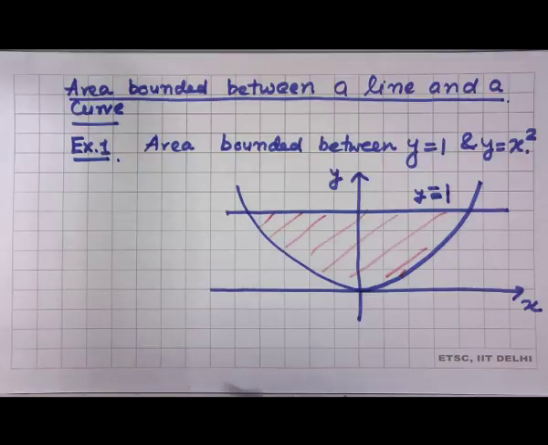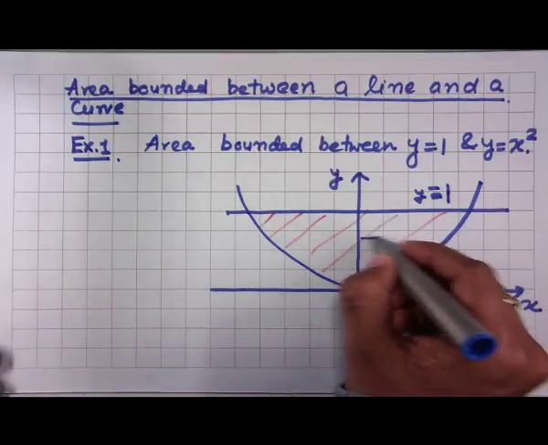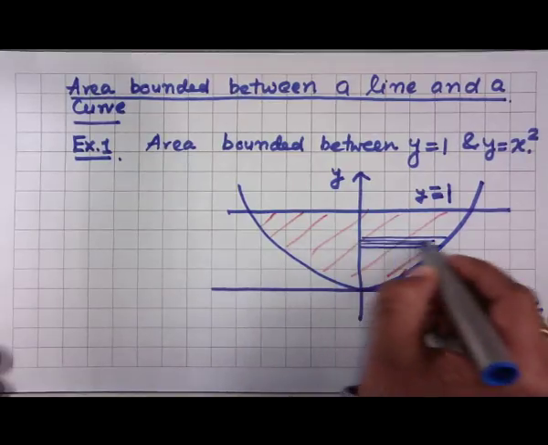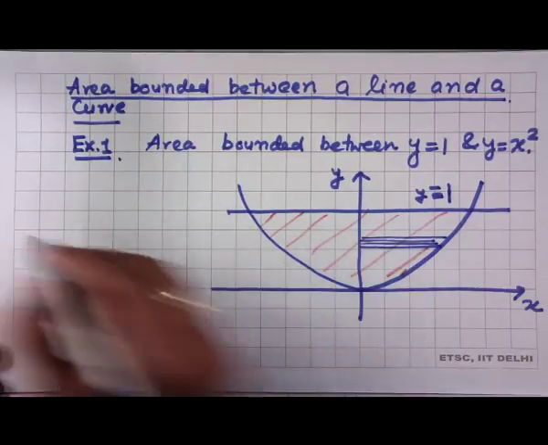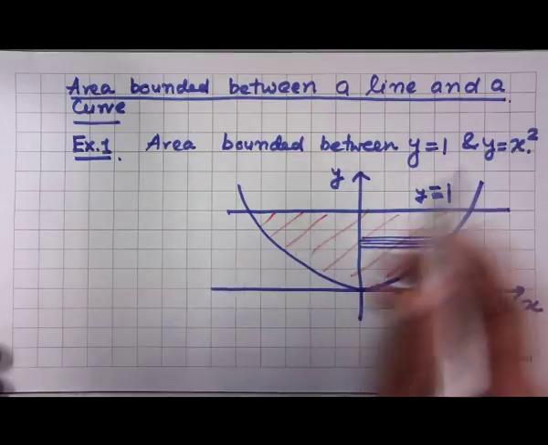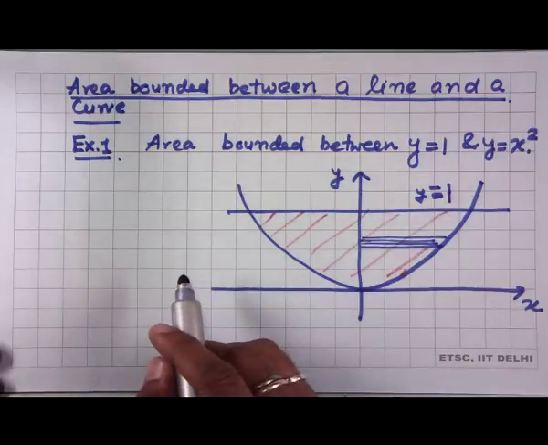So, we can use horizontal strip over here. Also, you can see that this y equals x square is symmetrical about y axis.